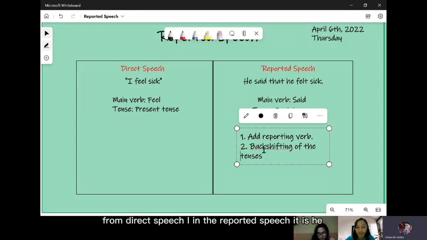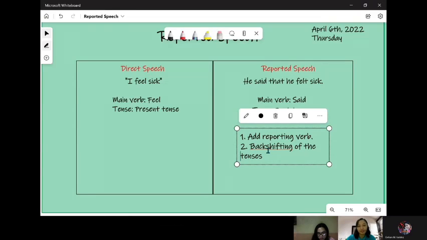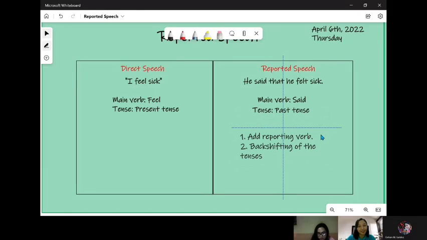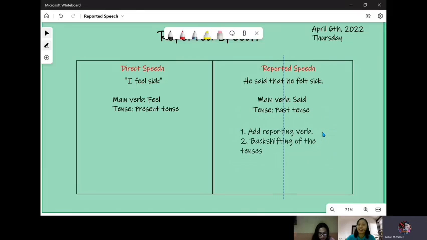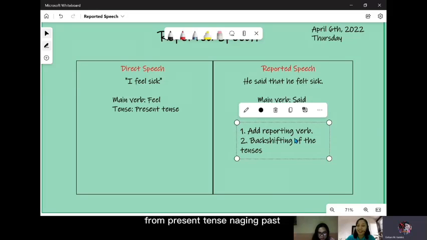From direct speech, I. In the reported speech, it is he. From present tense it becomes past. Okay, at least you tried. But that's a good guess.